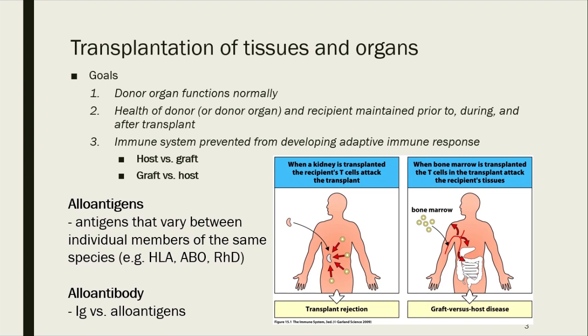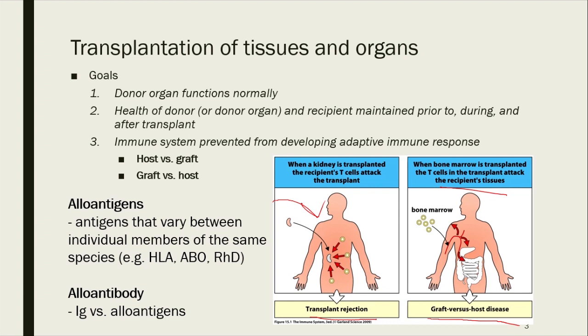When a kidney is transplanted to a recipient, the recipient's T cells would recognize it as foreign and start rejecting the transplanted organ. On the other hand, when bone marrow is transplanted, the B cells and T cells from the transplanted bone marrow will start coming out and attacking the recipient's tissue, so-called graft versus host disease.